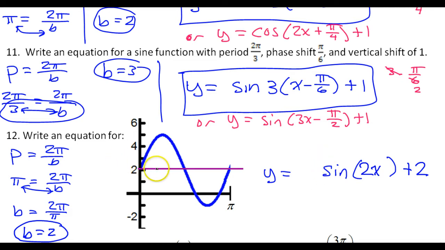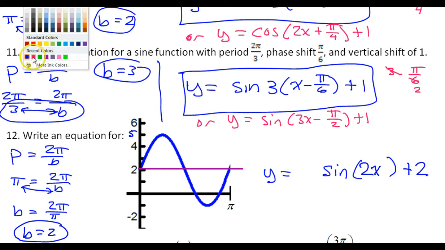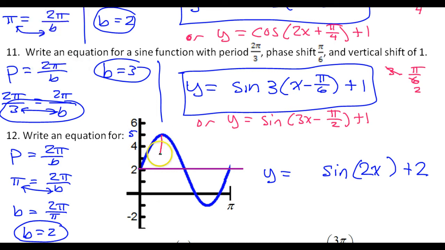Well, from the midline, okay, see how we're going from 2 to 5. So what's going on there? Well, from 2 to 5, that is a change of 3. Okay, and then from 2 down to -1, that is also a displacement of 3. Okay, so that's my amplitude.